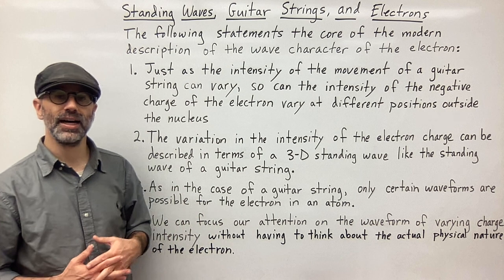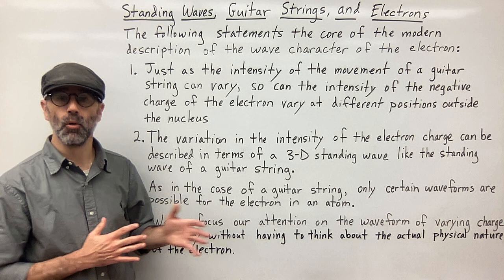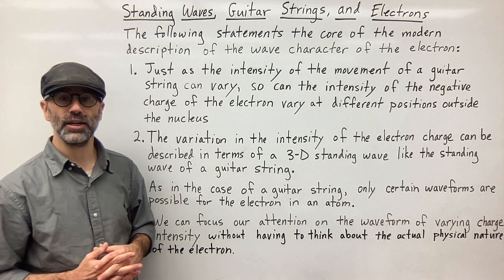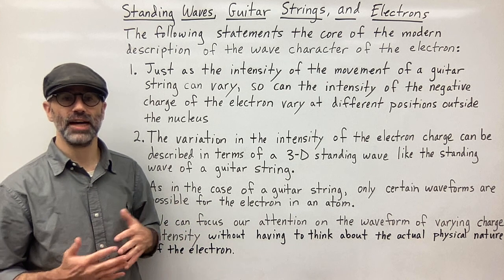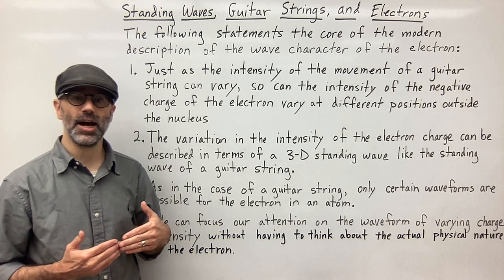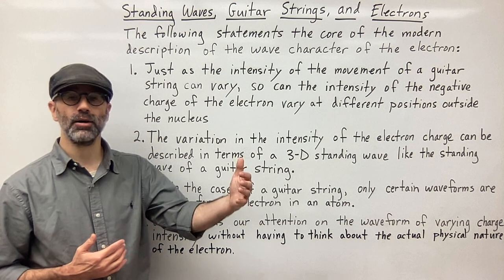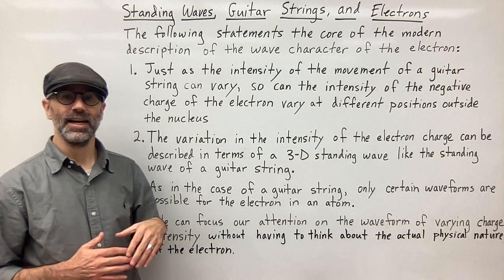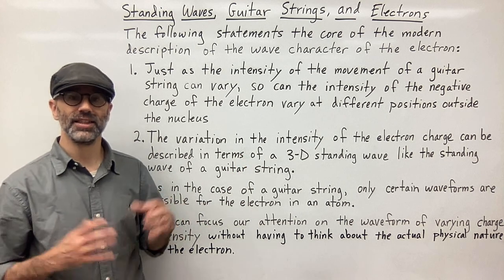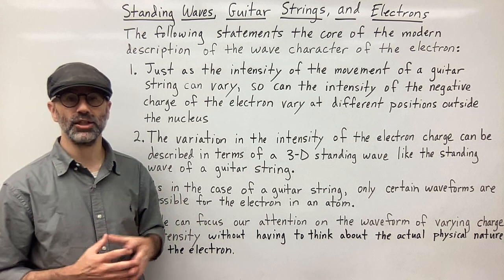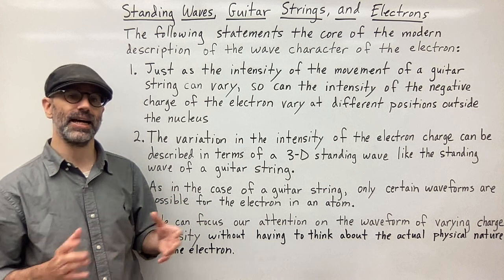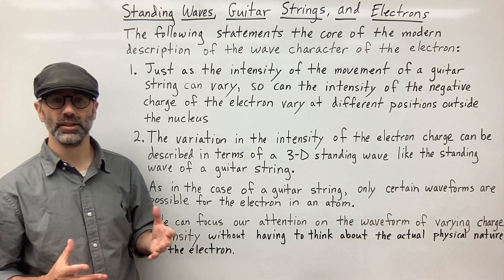And so the electron charge can be more or less intense given its position outside the nucleus. As the electron gets further away from the nucleus, its negative charge is less intense, but as it gets closer to the nucleus, it's more intense.